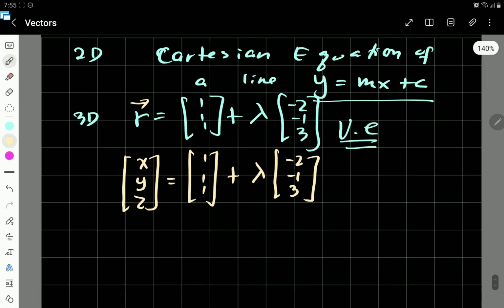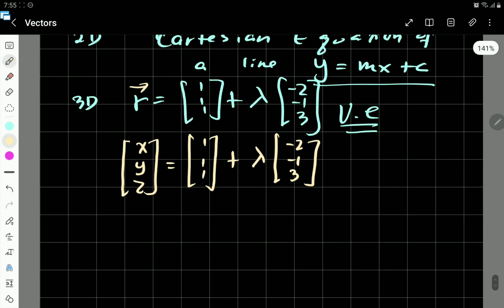So from here you can see that x = 1 - 2λ. That is this one here. Then y = 1 - 1λ.